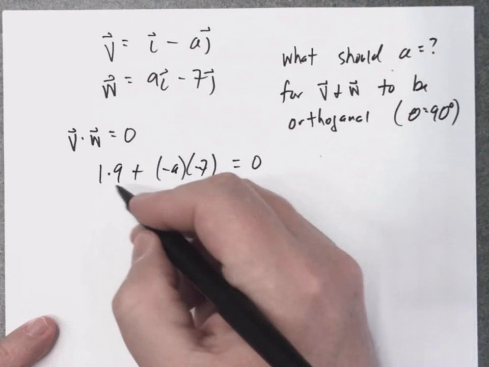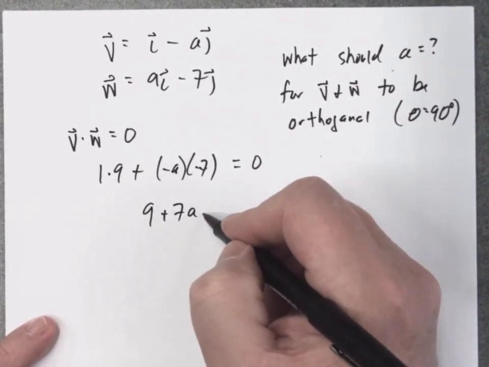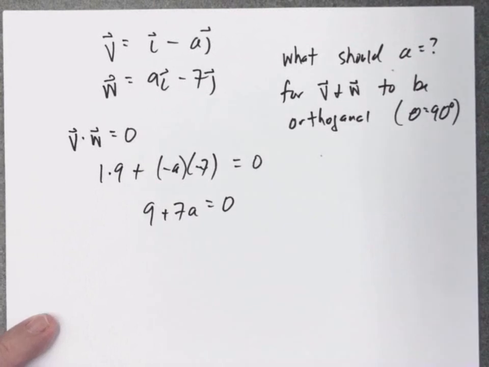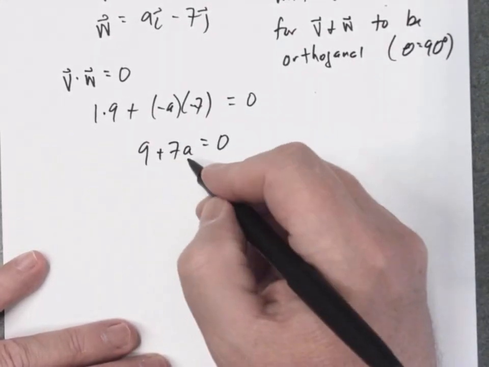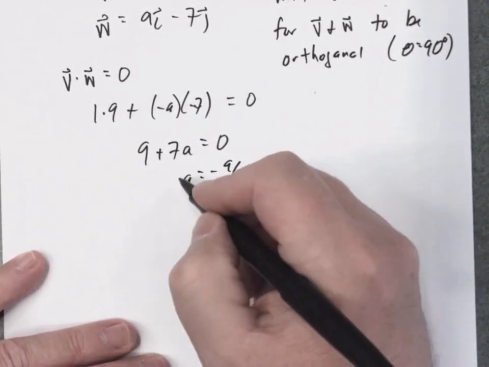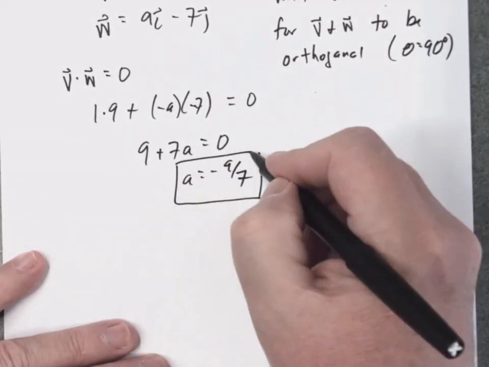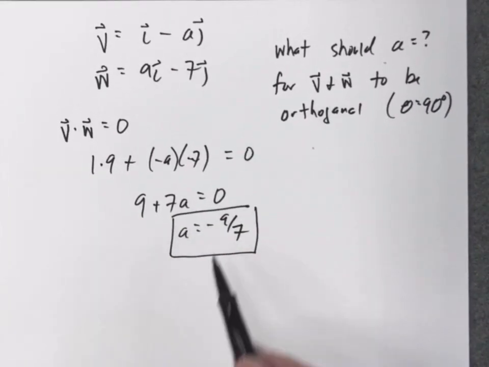It has to equal 0. So this is 9 plus 7A equals 0. If I solve for A, subtract 9 from both sides and divide by 7, for those two vectors to be orthogonal, A would need to be -9/7.